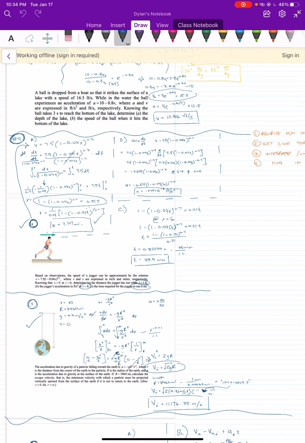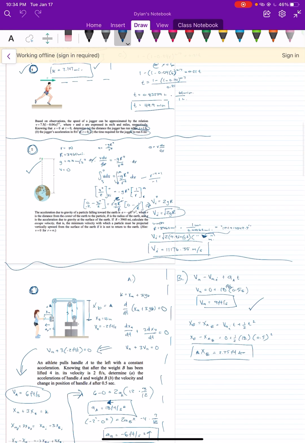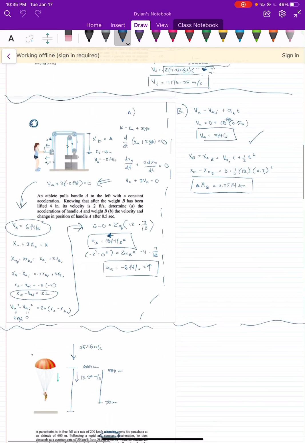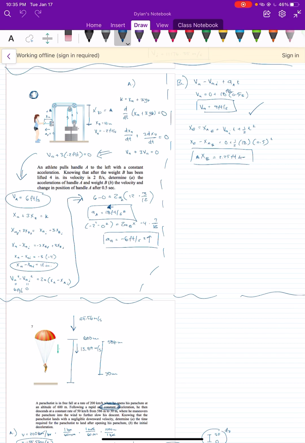Just had to find different x and t values and plug those into your integration. Number 5 was a kinematic equation with circular motion. Basically the same thing: rewrote the acceleration function in terms of the derivative notation, reorganized that, integrated, plugged in values. That was number 5.